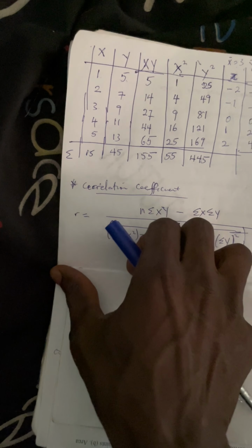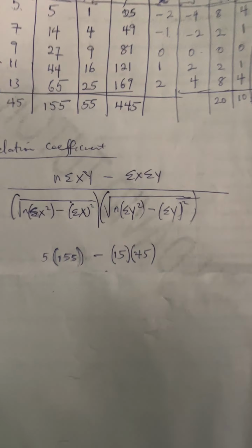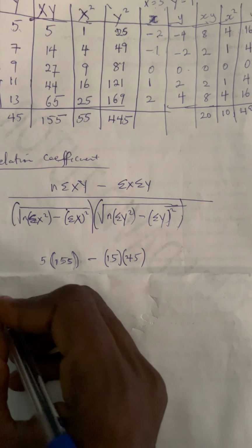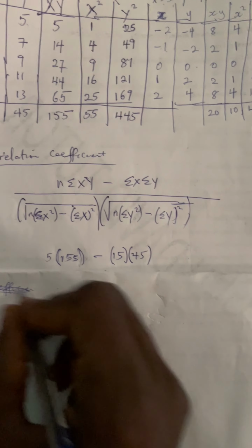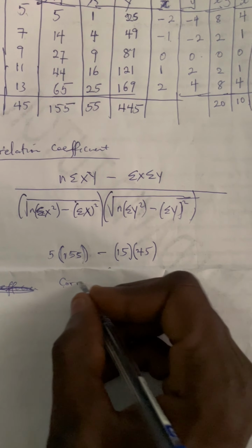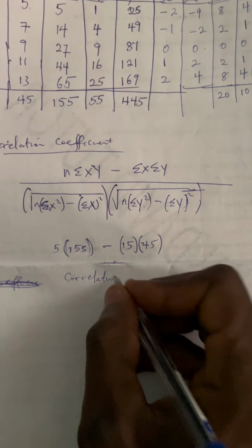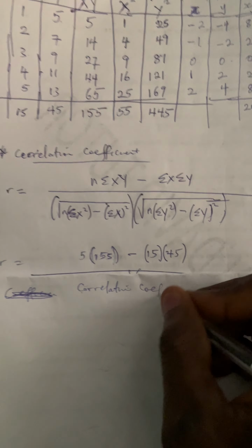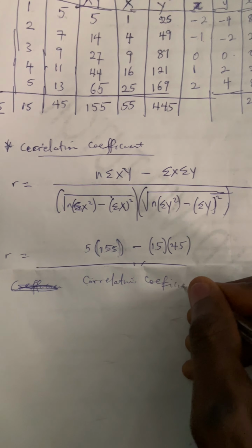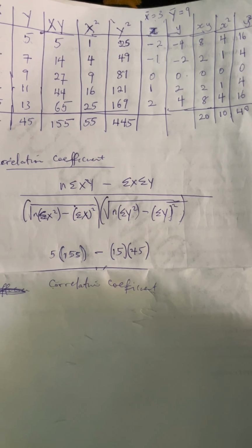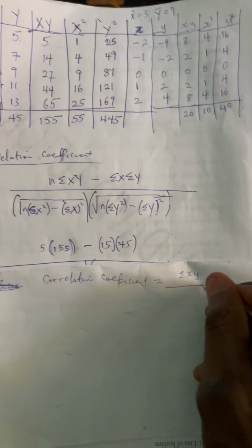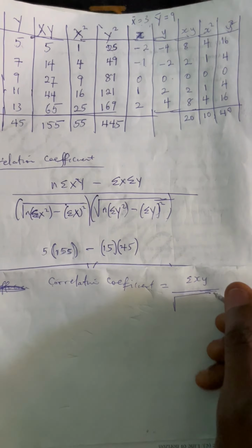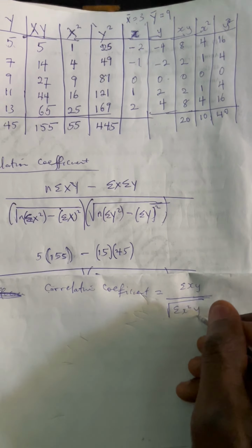Now, for us to use the lowercase formula for the correlation coefficients, we have it to be summation xy over root of summation x square y square.